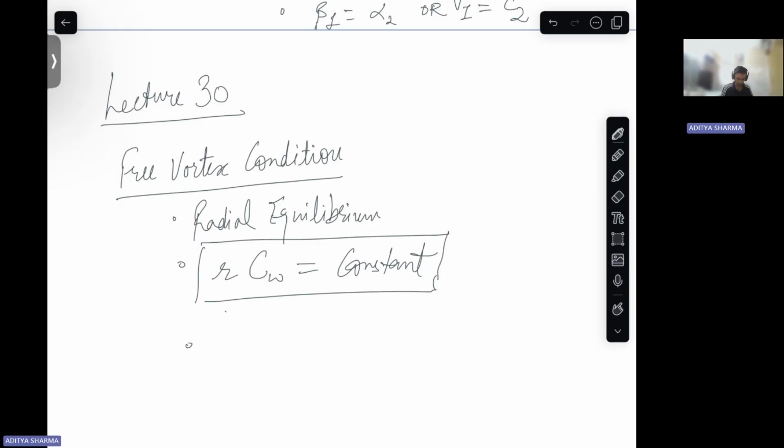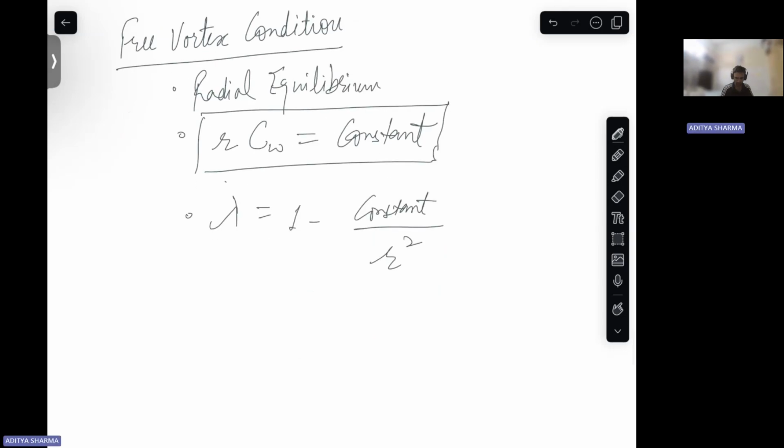Then is your degree of reaction. If you have to relate it with R, so if R increases, your second term will decrease and your degree of reaction increases.